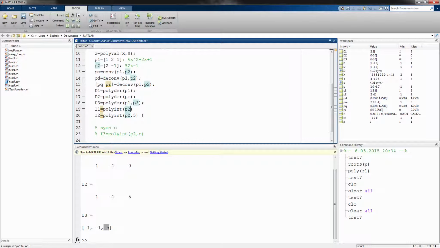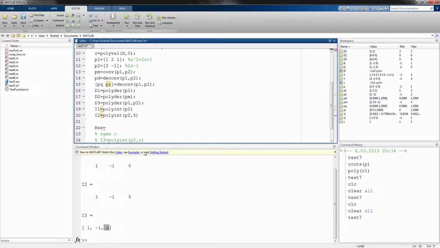Assume you want to know what is the result of an integral from number 5 to number 10. So what I do, I will calculate with I1. I already have I1, so I can define, let's say, result to be.